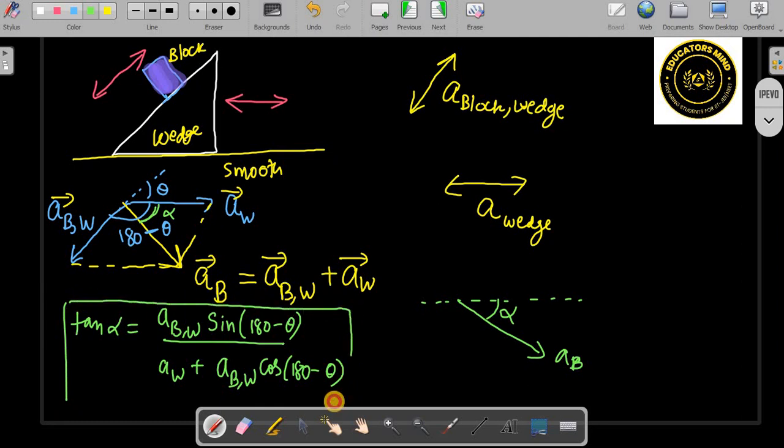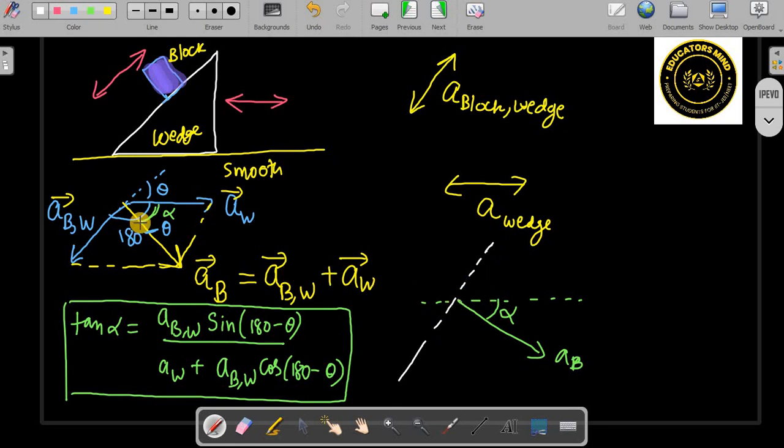But let us say this is tan alpha here in this diagram. It is not that the acceleration of this block is perpendicular to the wedge. It may come something, but let us now consider this direction, which is along the inclined plane.